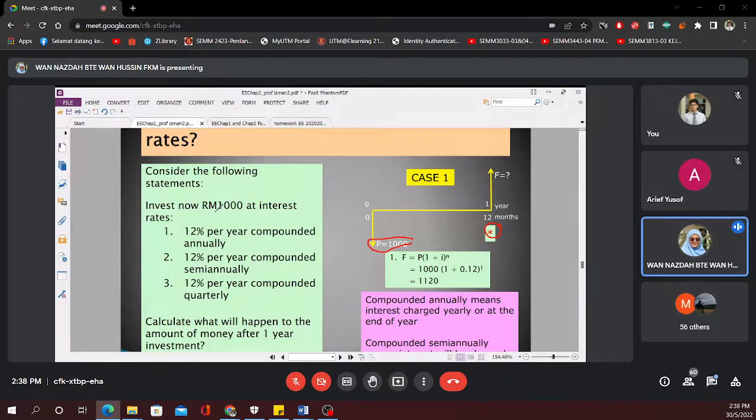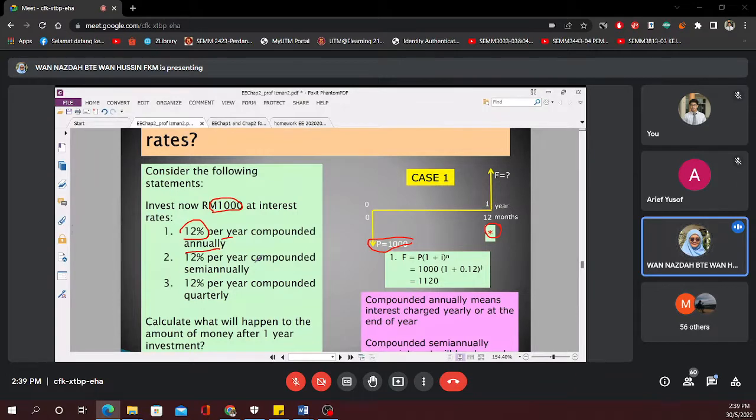So you invest 1,000 now, and the interest rate is 12% per year, compounded annually. Compounded annually means that the bank charges you interest every year. At the end of 1 year, they charge you once.